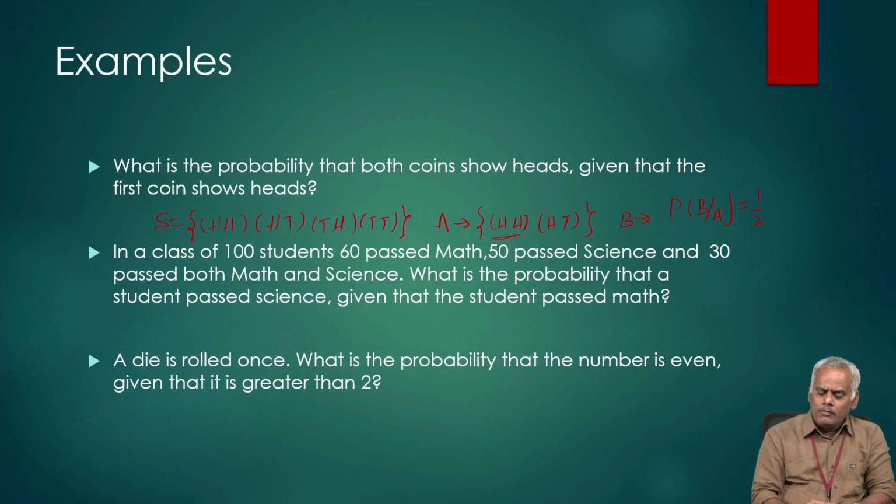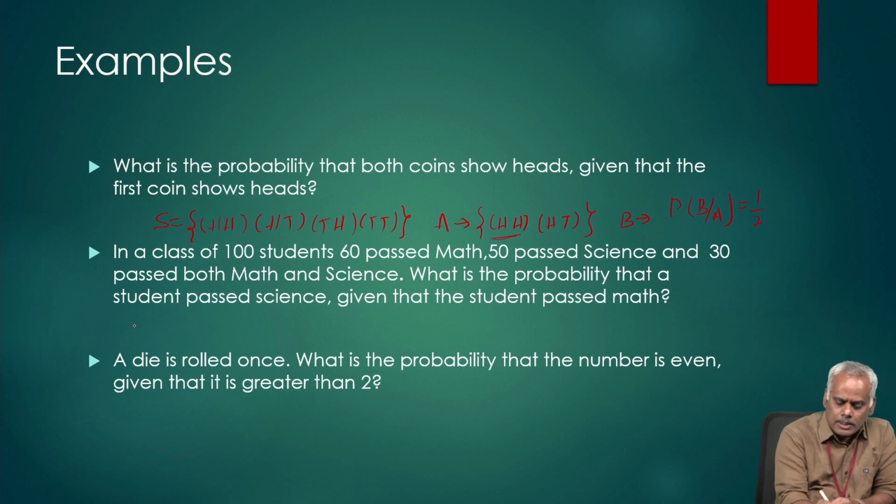Now in a class of 100 students, 60 passed in math, 50 passed in science, and 30 passed in both math and science. What is the probability that a student passed science given that the student passed math?